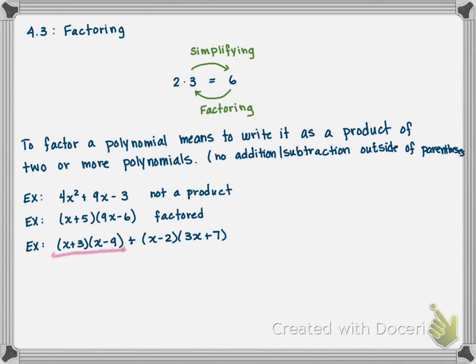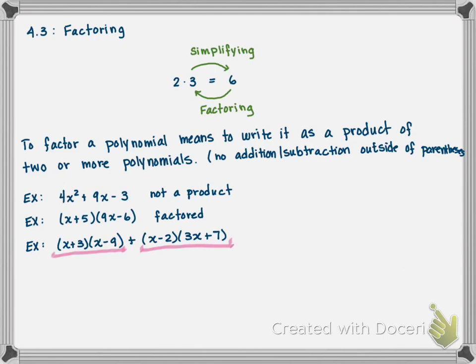Terms are things that are added and subtracted. Sometimes it seems like we have all these words in math, so why not just use the same word for everything, right? But if you can distinguish between term and factor, it really helps you wrap your head around what is actually happening in these expressions.